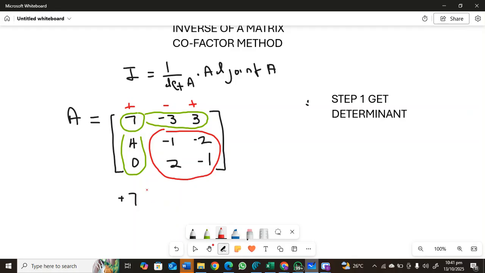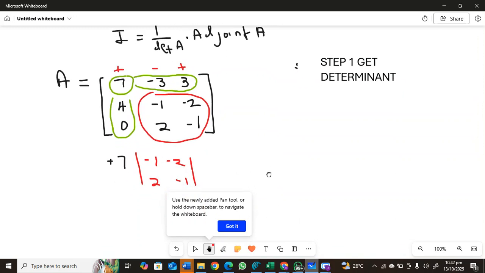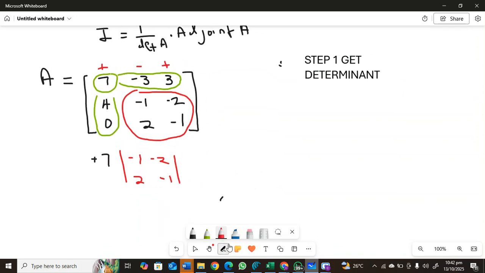That's going to be -1, -2, 2, and -1. We close. Then you put, so here it's plus, and here you put minus.